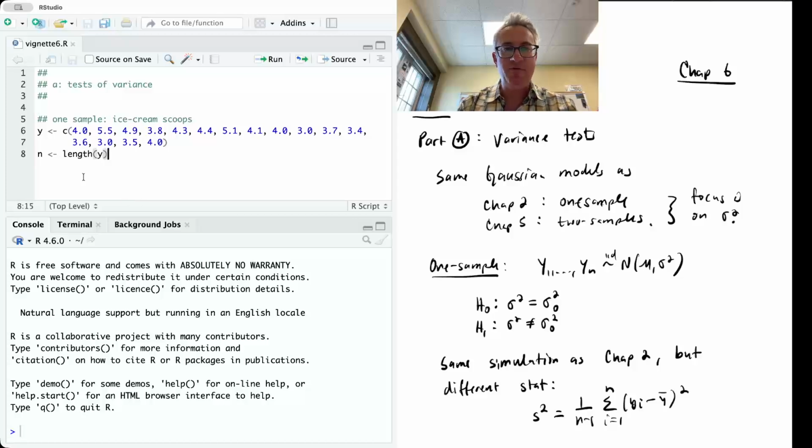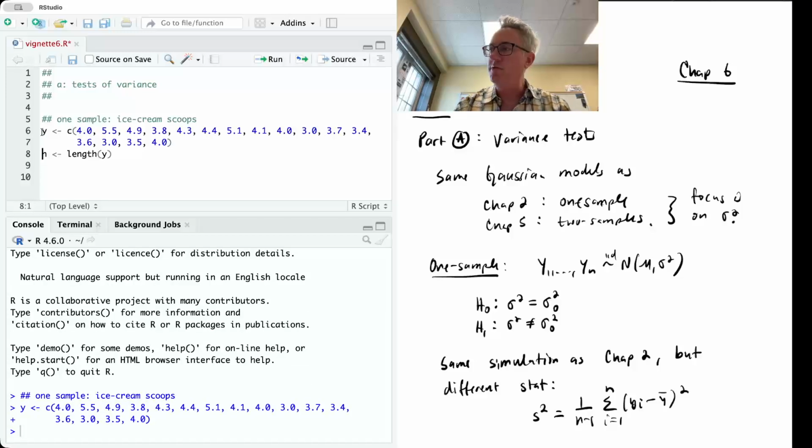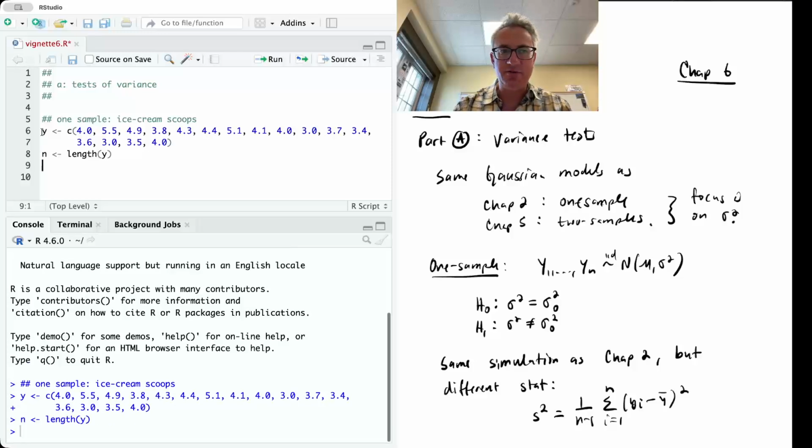So let's pop over to R, and we'll go grab our data from, where did we do that? I think this data is from chapter 5, or I can't remember now. This is the ice cream scooping data, okay? And our estimate, s squared, I can calculate with the variance command.